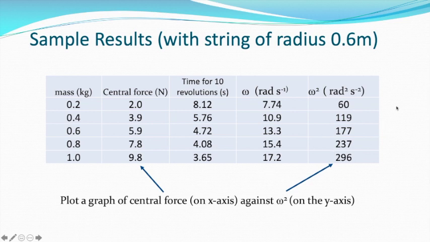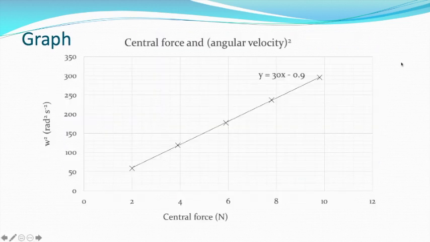So, here is my graph within the limitations of the experimental uncertainties. So, there it is. It's a straight line. It's a linear relationship between the central force and angular velocity squared, and it is almost a direct relationship.